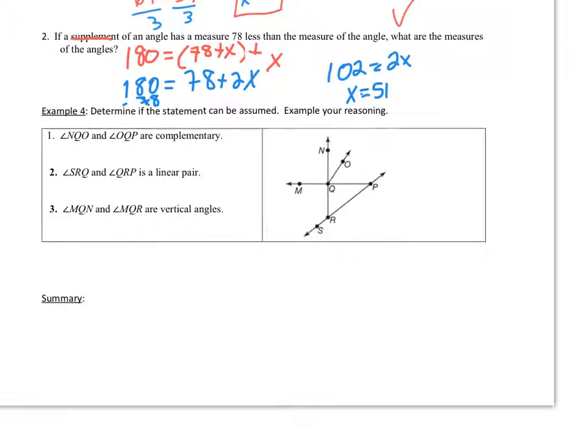And it's asking me to come up with the measures of the angles, not just what x is equal to. So if I add 51 and 78 together, I'd get 129 degrees. And so the measures of my two angles that are supplementary are 129 degrees and 51 degrees.